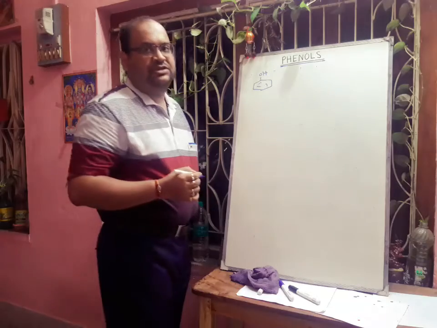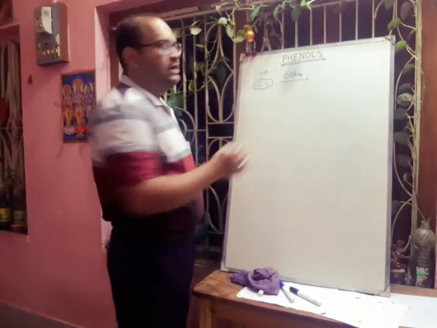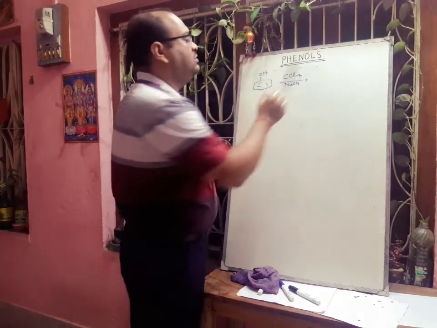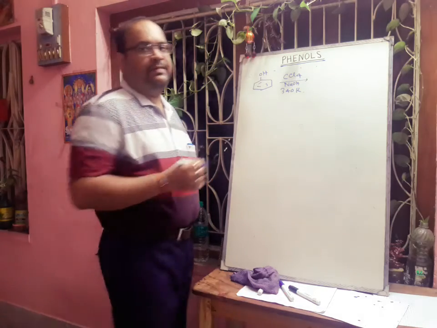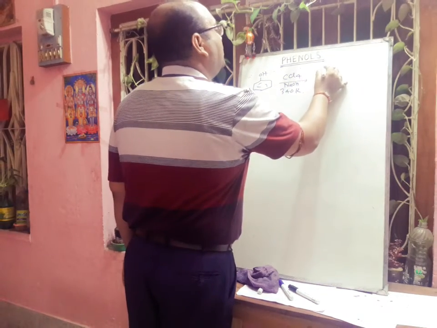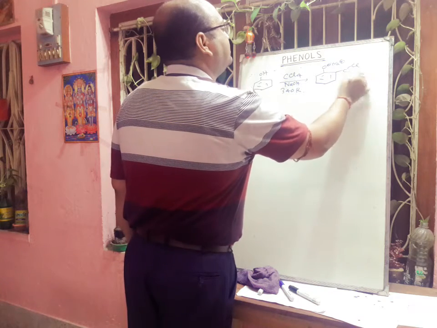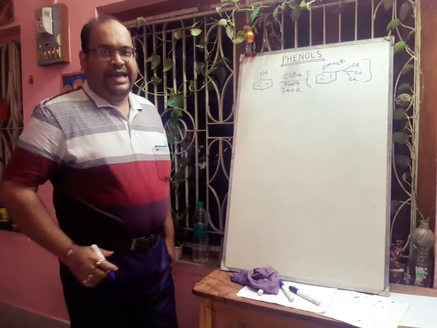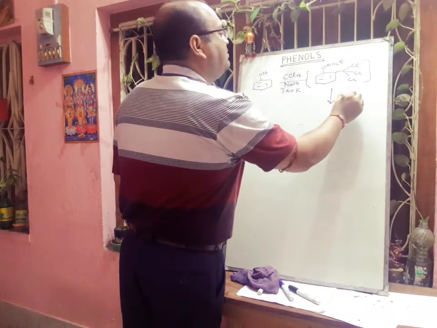If we take phenol, and in place of chloroform we take carbon tetrachloride and aqueous NaOH solution, and the temperature is also the same, around 340 Kelvin, then we get this product by the same mechanism, O minus Na plus and CCl3, which is not very stable. In the next step, there is OH minus in the medium.